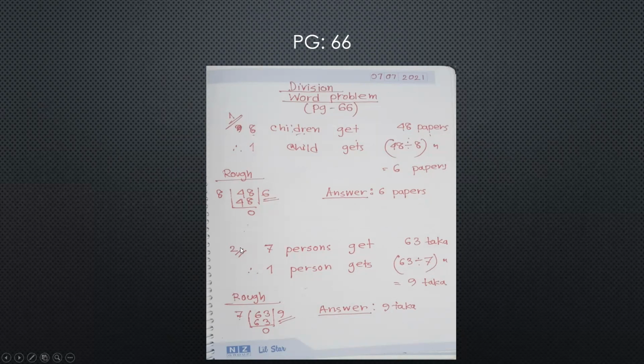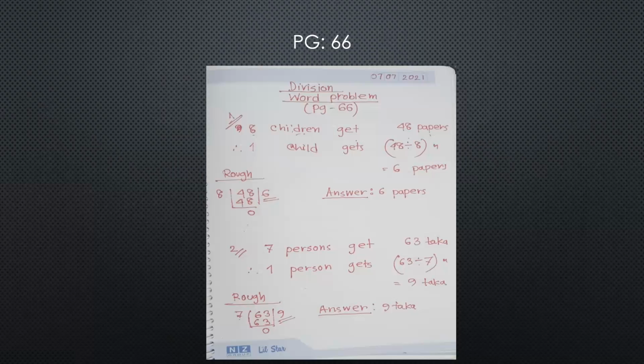Okay, go to number 2. Her father has 63 taka. He wants to give his money equally to his family of 7. Equally means divide. To his family of 7, how much taka will each person get? Each means 1.